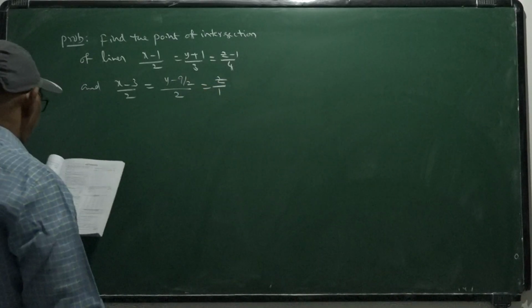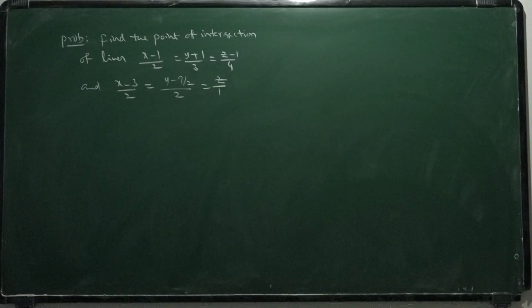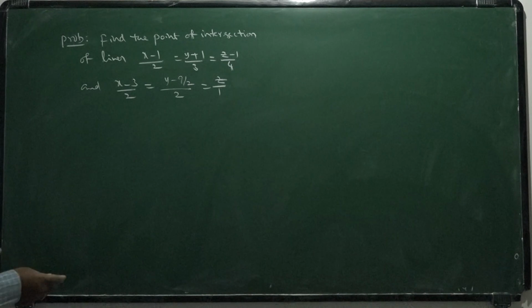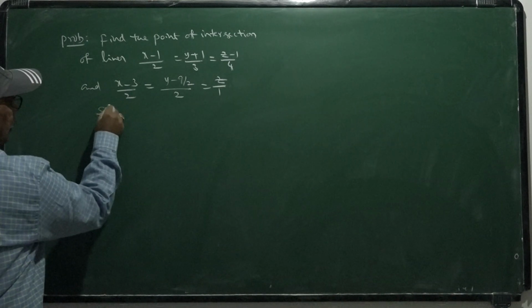Find the point of intersection of the lines. Suppose two lines are given in either vector form or Cartesian form. You can find their intersection point, provided that they are non-parallel.